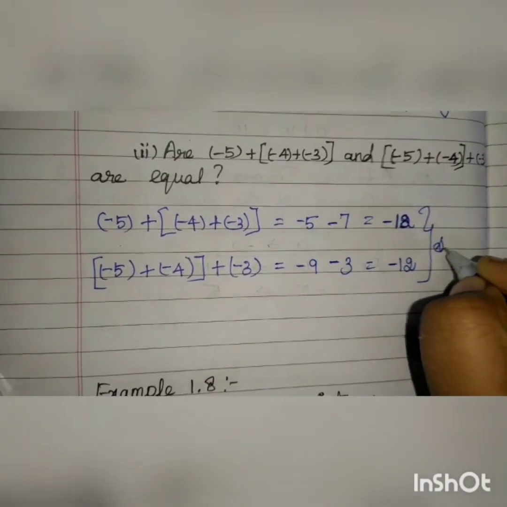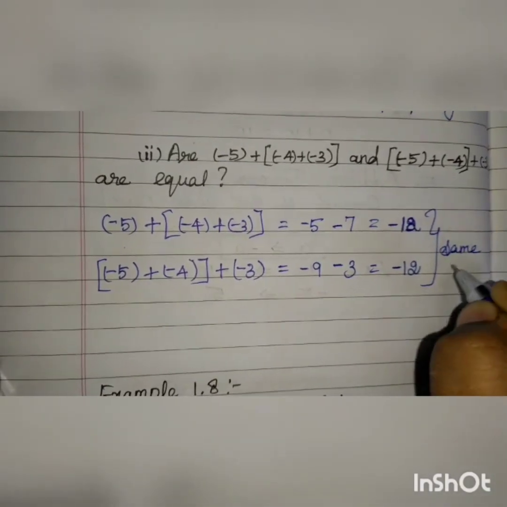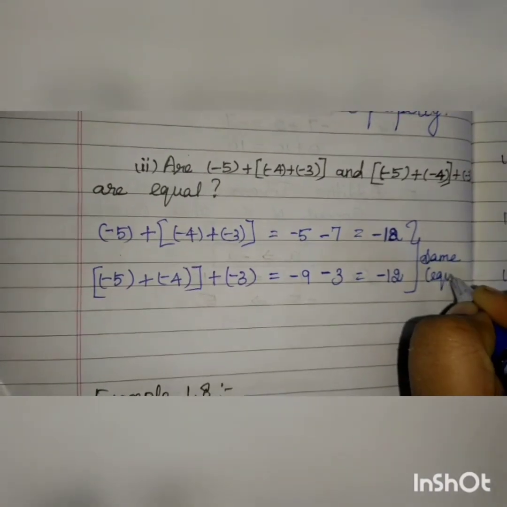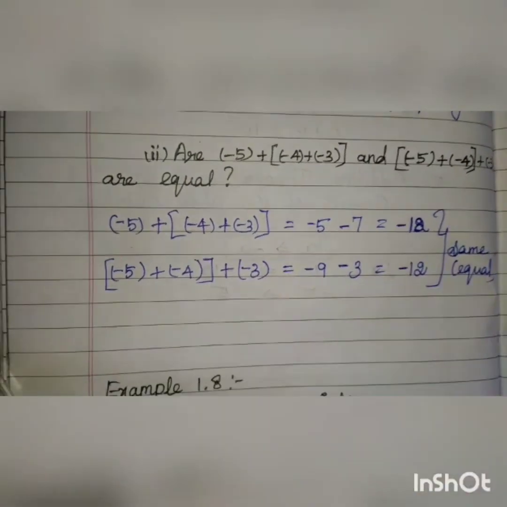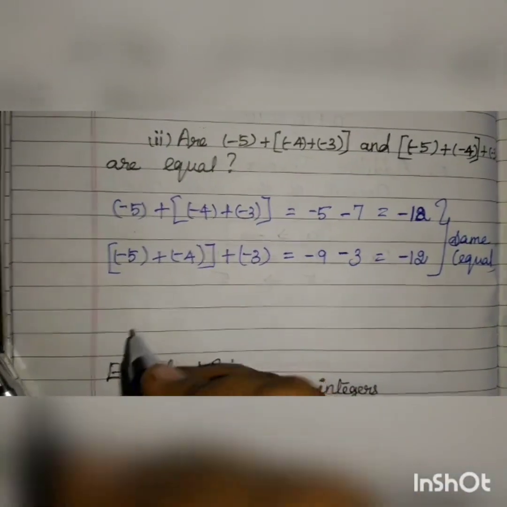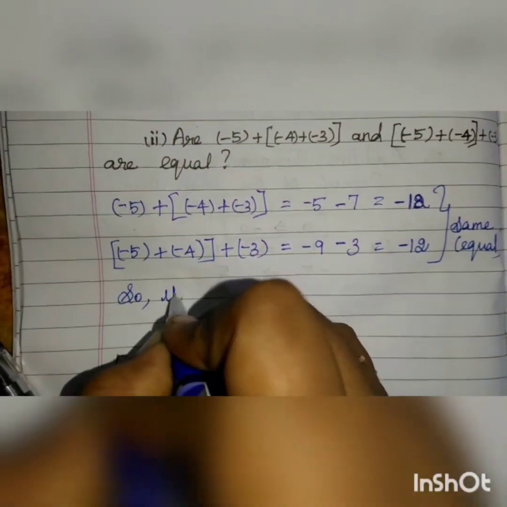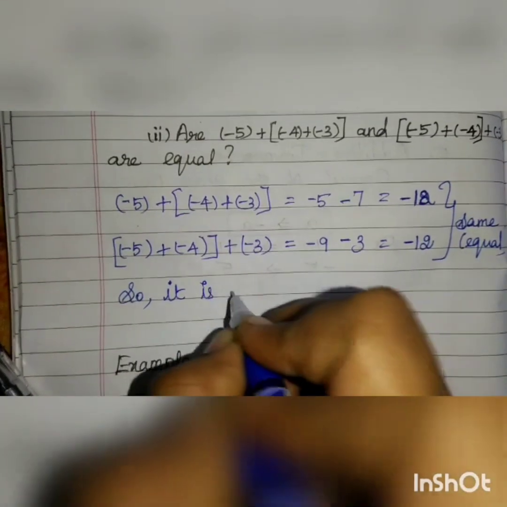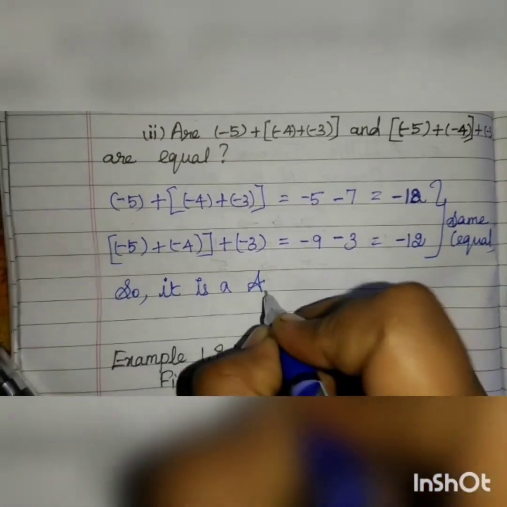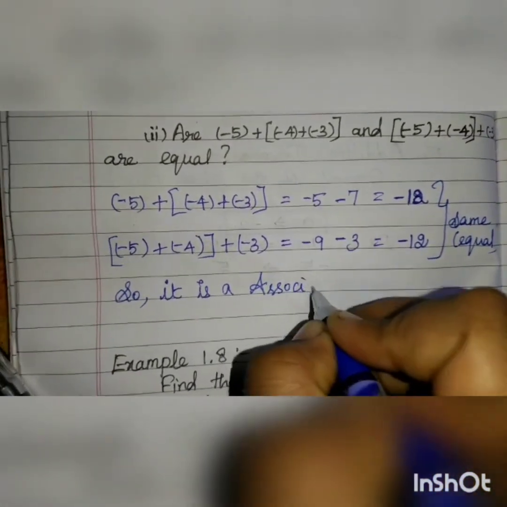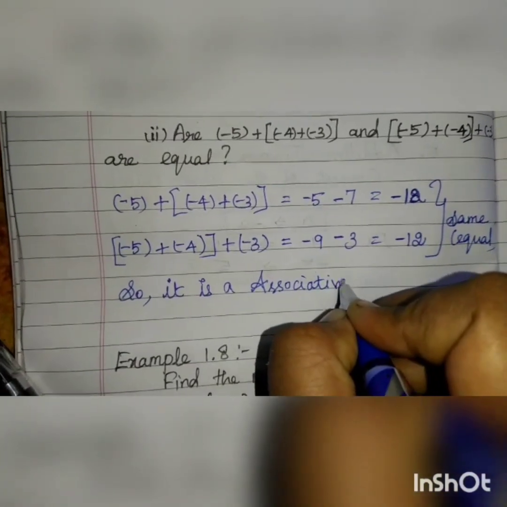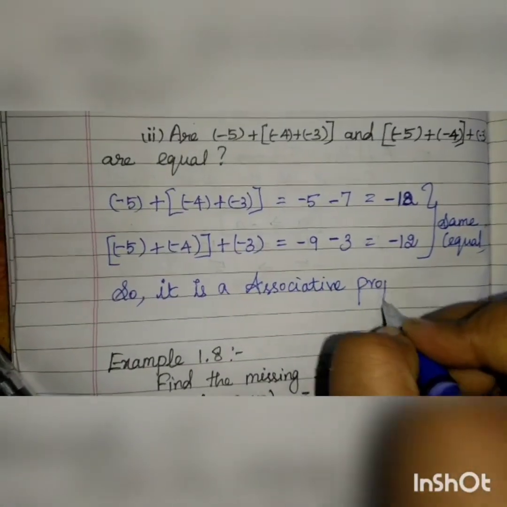Both the answers are the same, or else you can write equal. Okay, so what kind of a property is this? So it is an associative property.